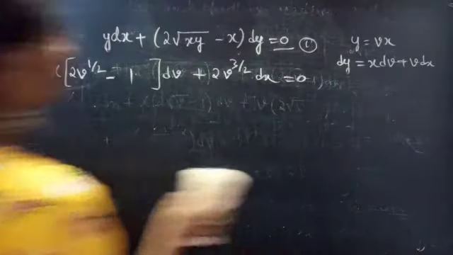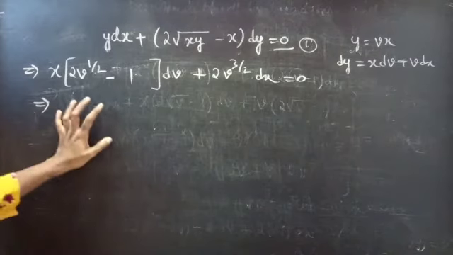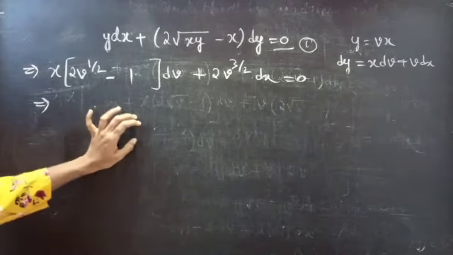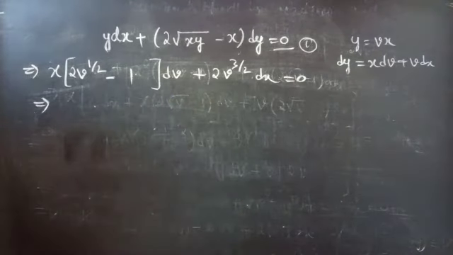Now what we are going to do is, we'll write all the functions of x and differential dx on one side and all the functions of v and differential dv on the other side.